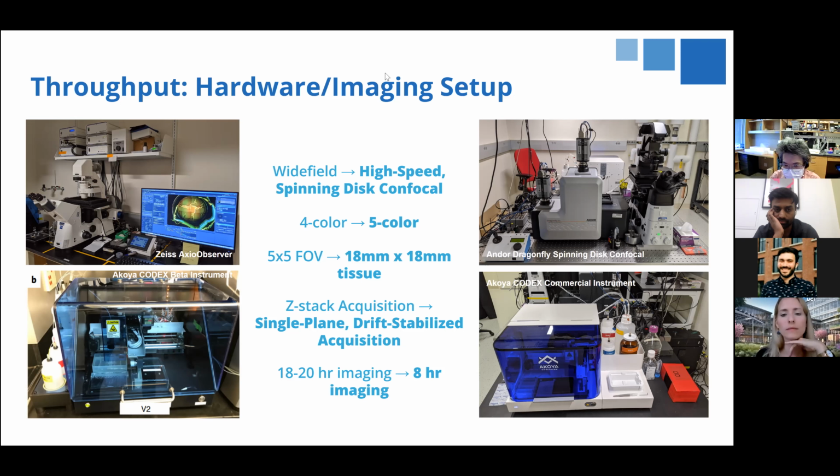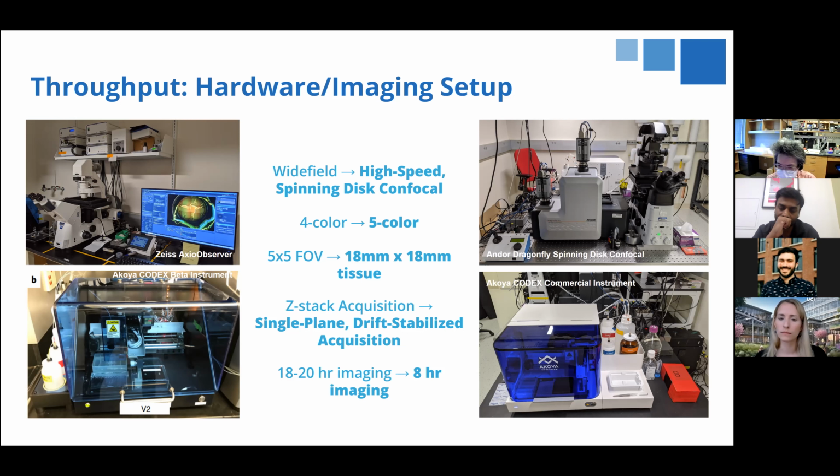We have been able at the Broad to build a custom setup with our Dragonfly spinning disk confocal, fitting the CODEX instrument to it, along with some Python code, so that we can acquire single plane, stabilized images. No need for Z-stacks, everything stays in focus, and because we're using confocal, we're only getting the in focus light to the camera.